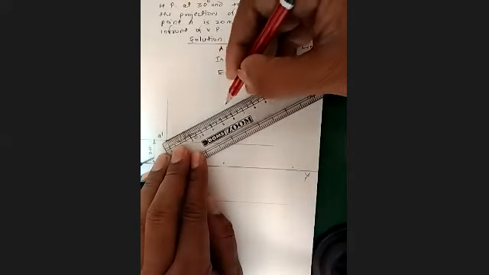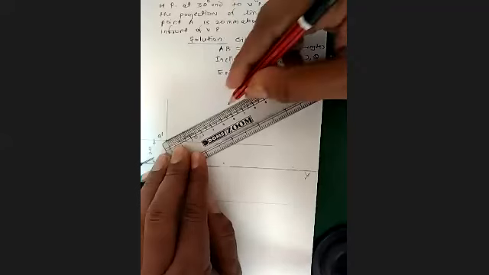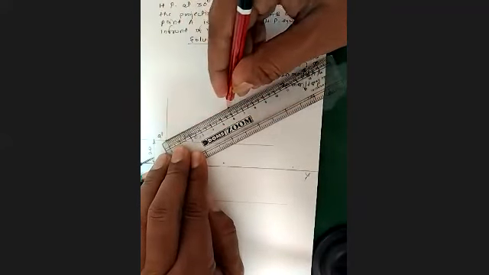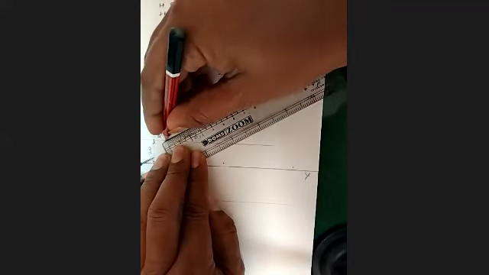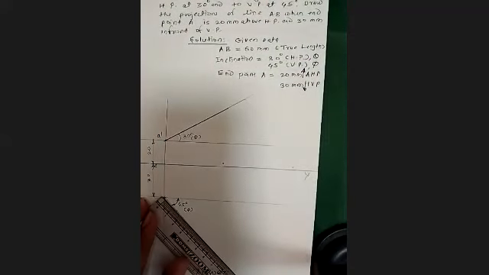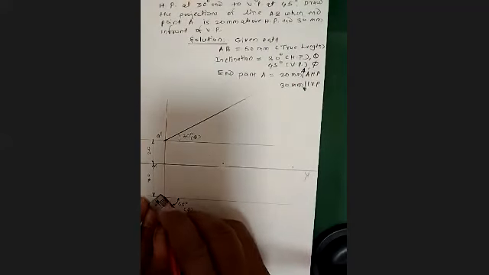You will get the point for 60 and make this line thick. Again the 60 true length remains the same whether it is a front view or the top view. So make this line dark, thick.